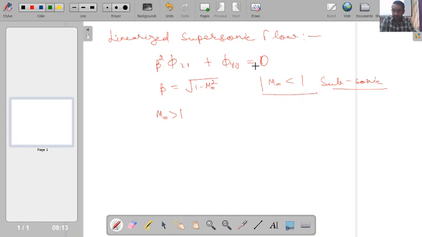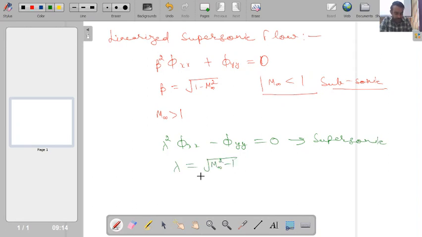If I do so, then I get my equation as lambda square times phi xx minus phi yy equal to 0. So this equation is applicable now for supersonic flow, provided that lambda is equal to square root of M infinity square minus 1. Actually for supersonic flow, the equation will take this particular form.